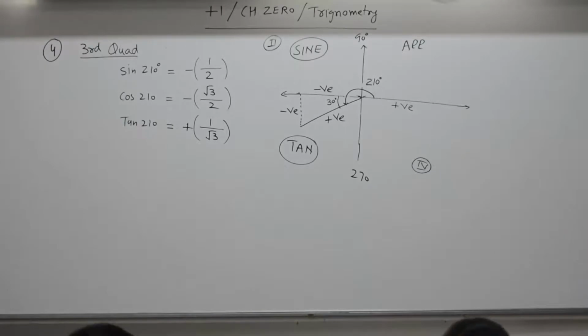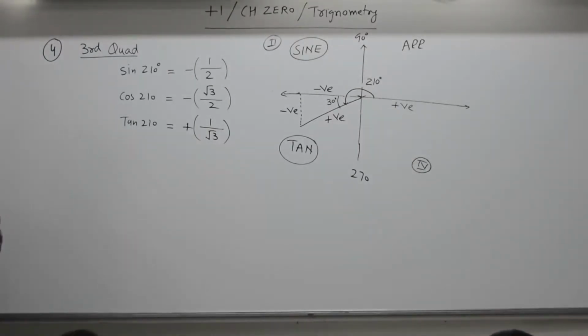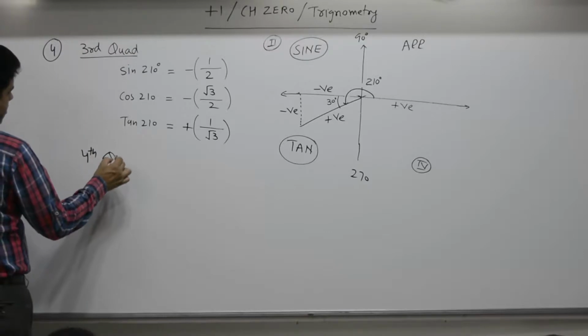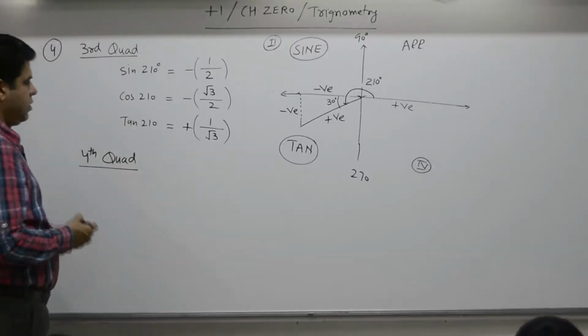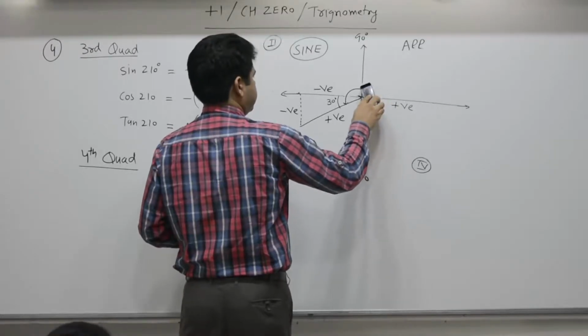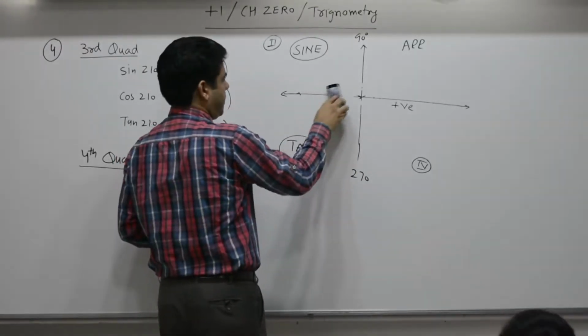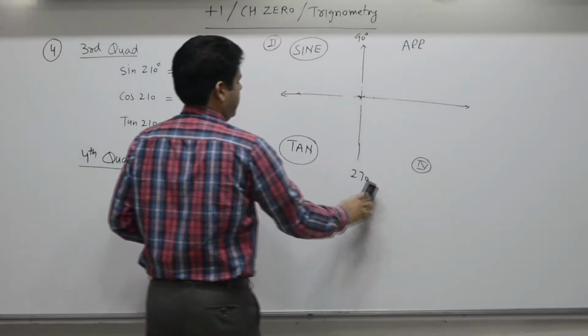Fourth quadrant. Angle is 330 degrees. Draw the diagram for angle 330.